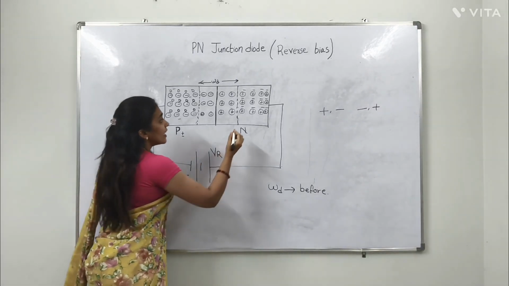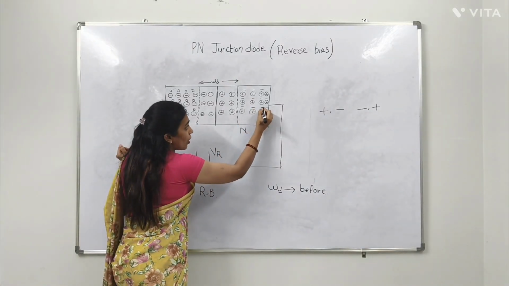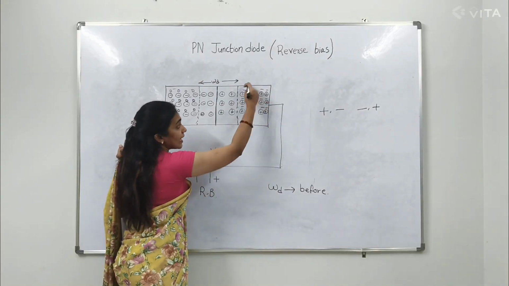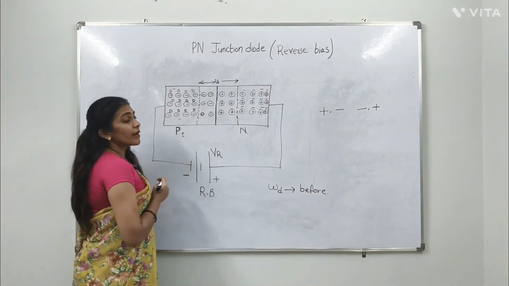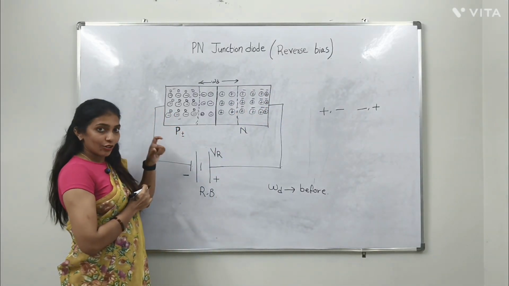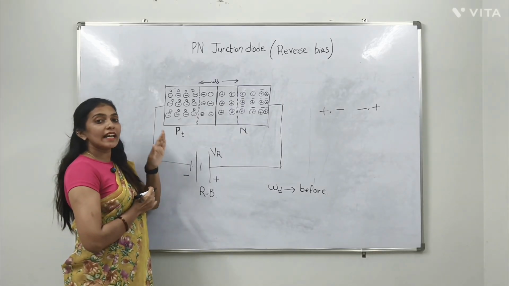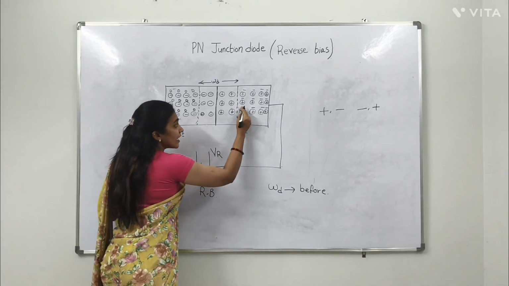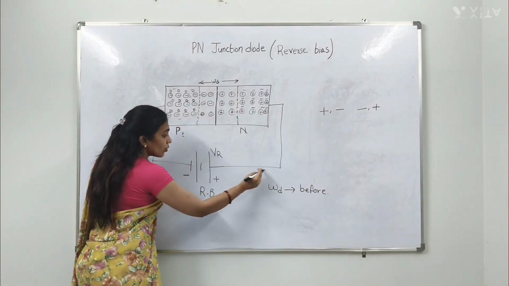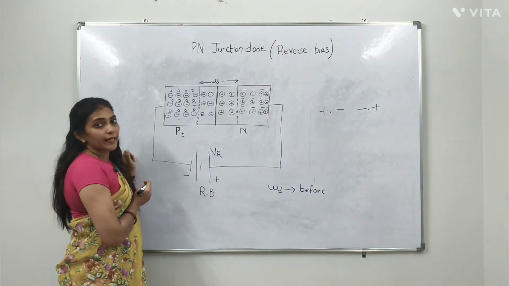And here, the negative charge of electrons. In this N region, the majority charge carriers are electrons. So more number of electrons are having negative charge, and this negative charge is given to the positive terminal of the battery.